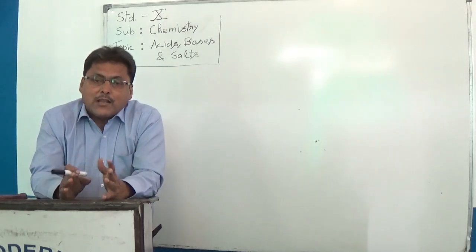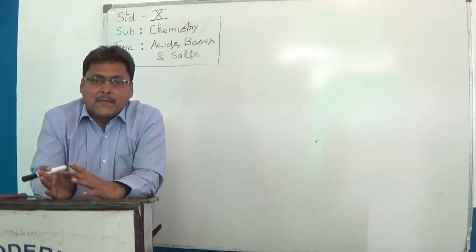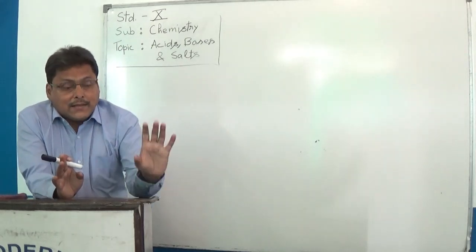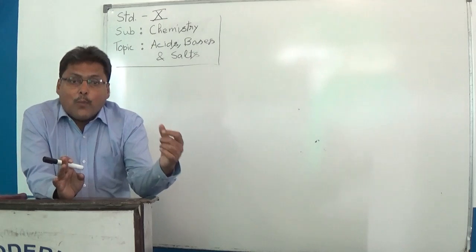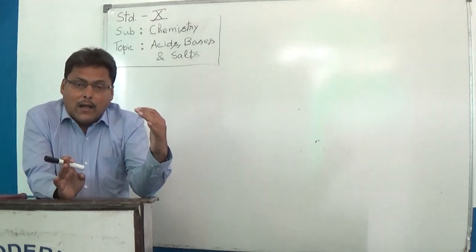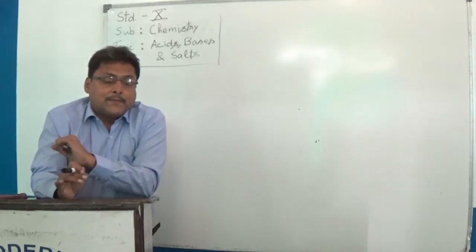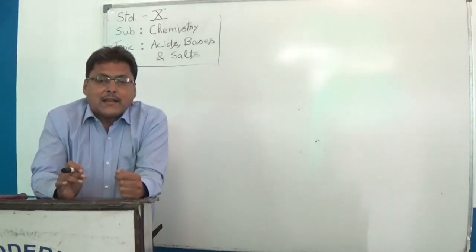That is a new substance with new properties, and that is a chemical change. So chemical change is the kind of change in which new substances with new properties are created. And what is a chemical reaction?